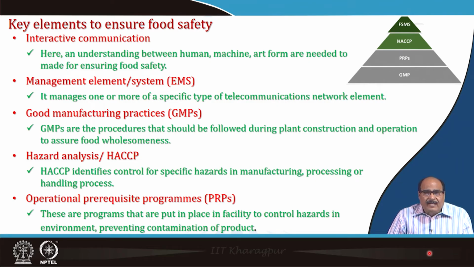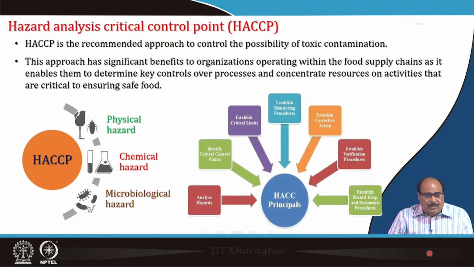Then hazard analysis and HACCP, that is, HACCP defines control of specific hazards in manufacturing, processing, or handling processes. Then operational prerequisite programs, PRPs, these are the programs that are put in place in the facility to control hazards in the environment, preventing contamination of products, and so on. Okay.